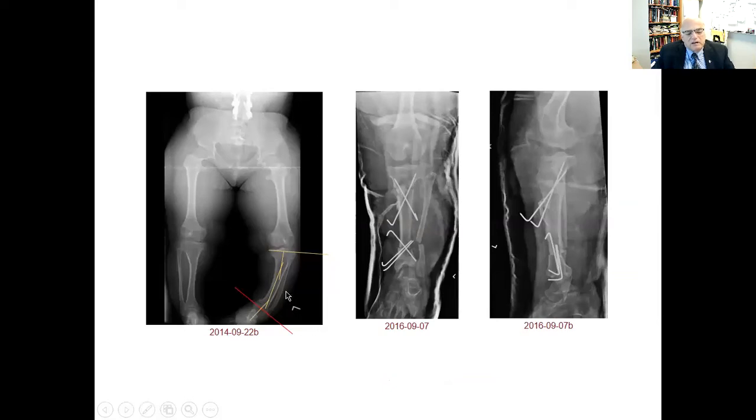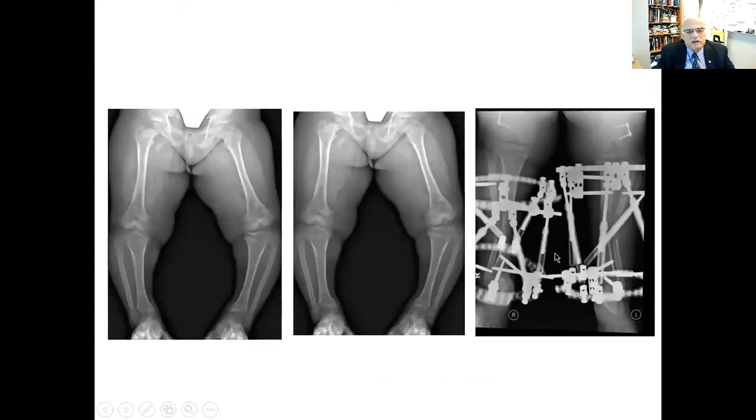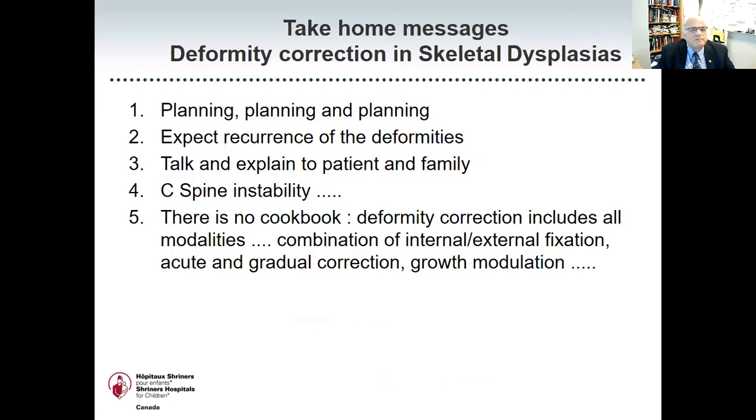Here you can see that there are 2 cuts here, one proximal and one distal. So we can have an acute correction with a perfect realignment, or we can use a gradual correction using an external fixator. And really the choice of the fixator depends on the experience of the surgeon.